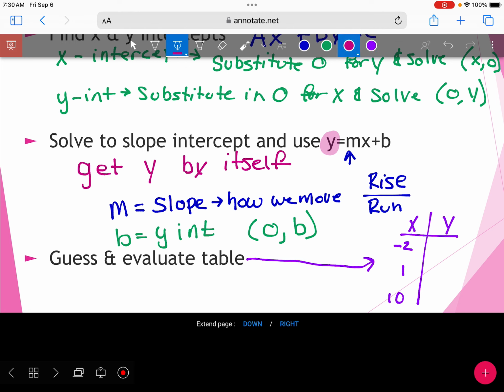So this one has a lot more substitution, but if you don't know where to start, it's a fine way to go. It works. It's just going to take you a while, especially if our intercepts are way high or way low, to figure out where we are going to be on the graph.